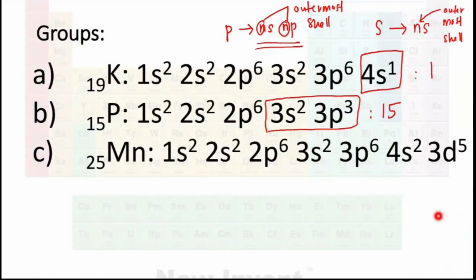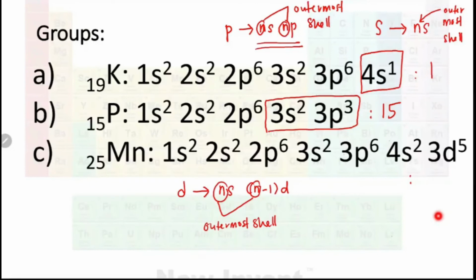How about manganese? Manganese is in the d block, right? For the d block, we know that our valence electrons are in orbitals ns and (n minus 1)d. Our n here is the outermost shell, which is 4.